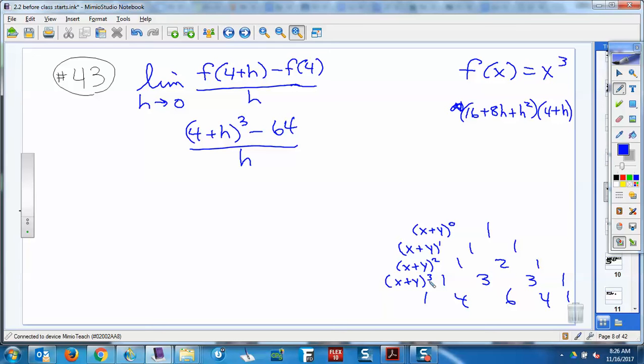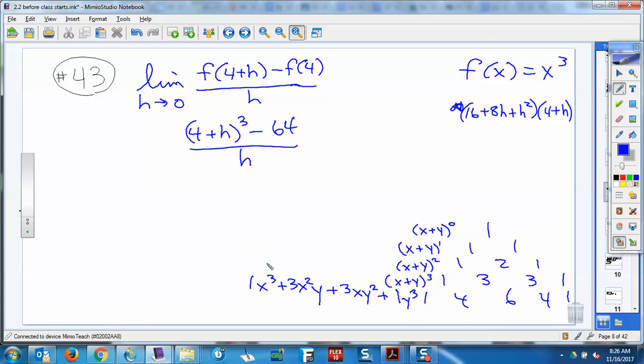And x plus y cubed is 1x cubed plus 3x squared y plus 3x y squared plus 1y cubed. See the pattern? So it's the first thing cubed, then squared, then to the first, then not at all. And then it's the second thing, the y, not at all, then y to the first, y to the second, y to the third. And then the 1, 3, 3, 1 is the expansion. So if you have to do the 4th power, the 5th power, Pascal's triangle can be really handy to do an expansion. It's just a little shortcut. If you know it, want to use it, go for it.